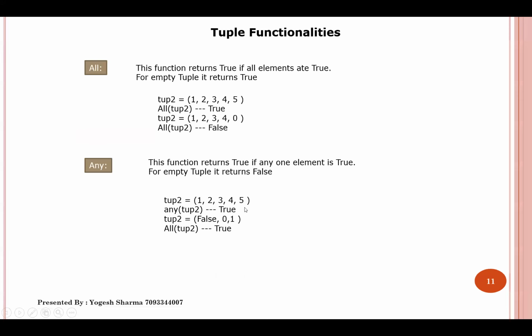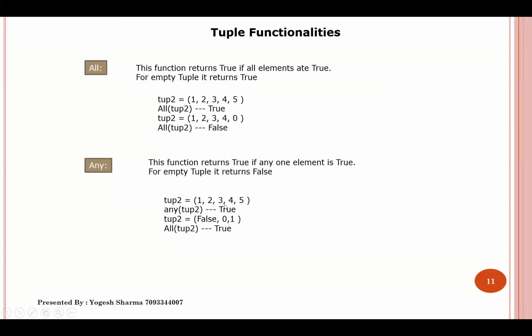Now after that we have the functions all and any. If you remember, I already explained these functions. All means if all are non-zero, then you will get True. Otherwise you will get False.